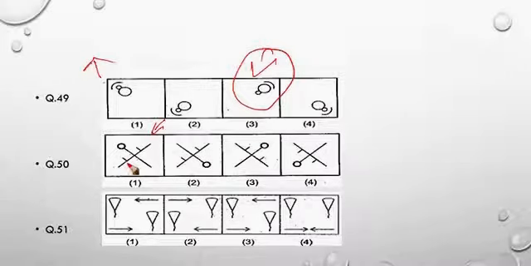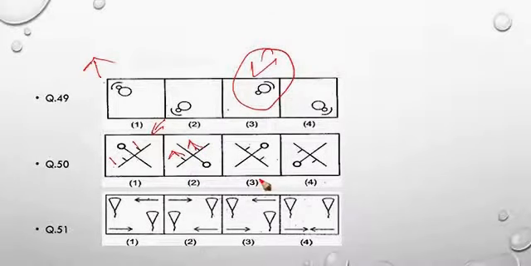In the first design, on this line, there are two perpendicularly drawn lines which are towards the circle. In the second option, the lines are actually not towards the circle, they are away from the circle.